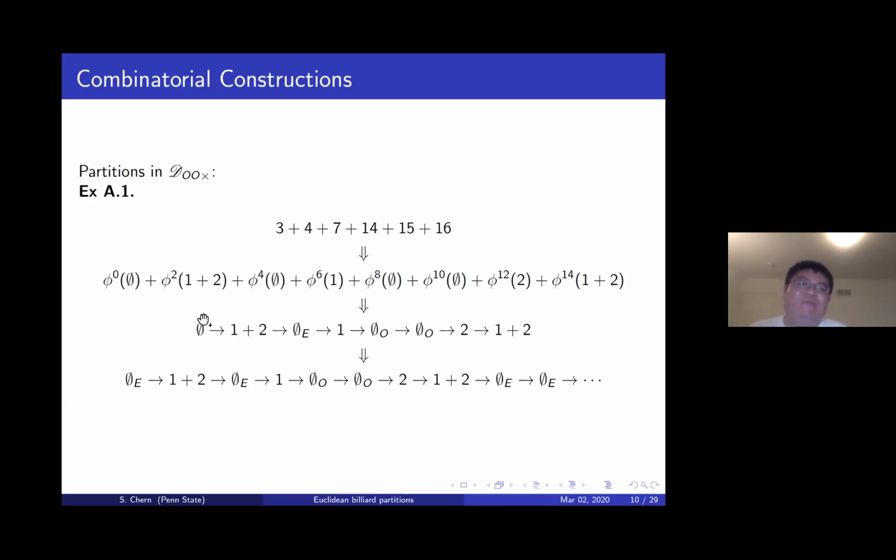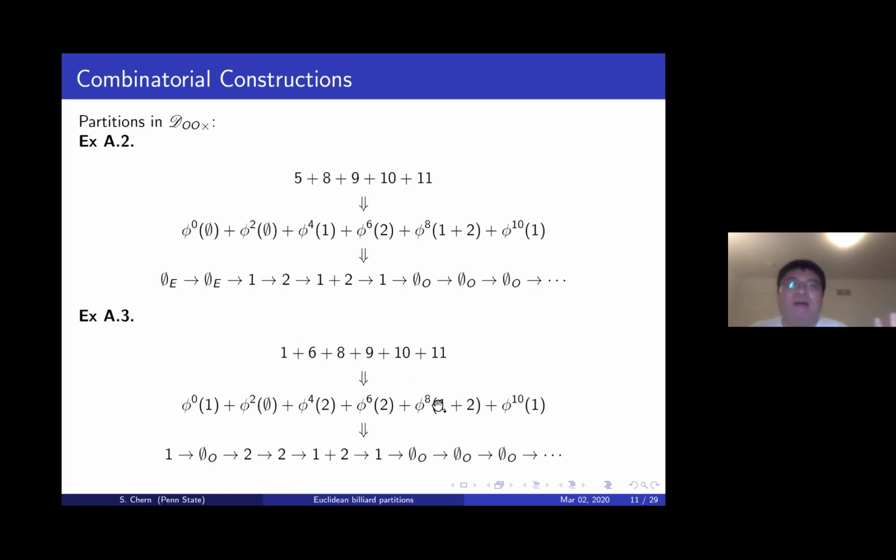So here we change the first one to the empty sub E. And we can see that 1 plus 2 is in the linking set of empty sub E. So this chain is in the set C sub capital pi.